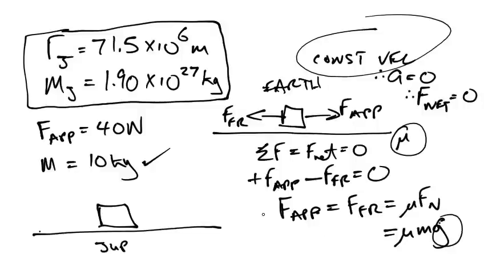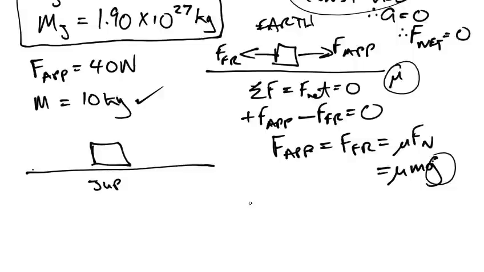That's just 9.8. Let's go ahead and calculate from this equation where we say, in this case, we've got our applied force equaling our friction force. And so both of those, applied force and friction force, are both equal to 40 right here.